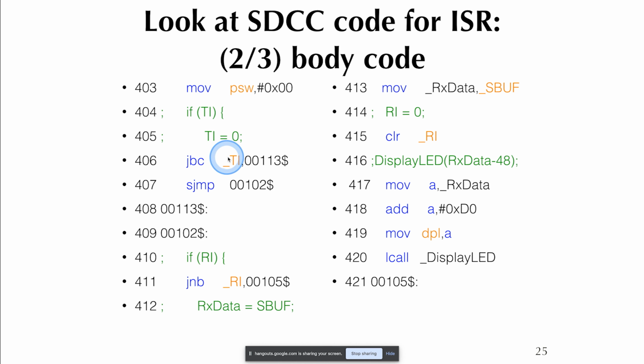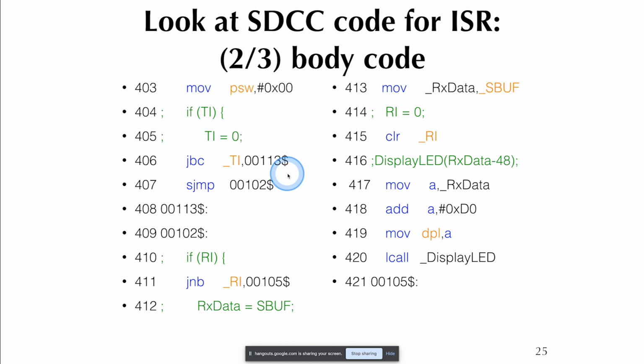So JBC Ti, and that means jump if bit is clear. In other words, in C, you think if true, I do this. In assembly, you think if it's false, I jump out of it, right? So that's JBC. So jump to this 00113$.